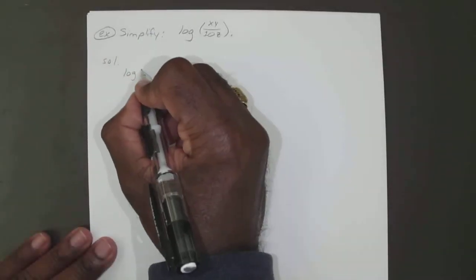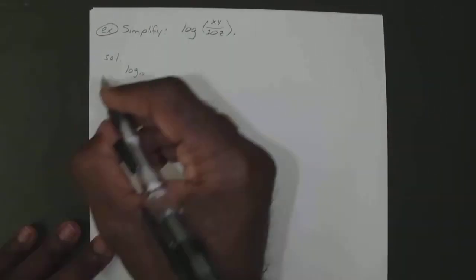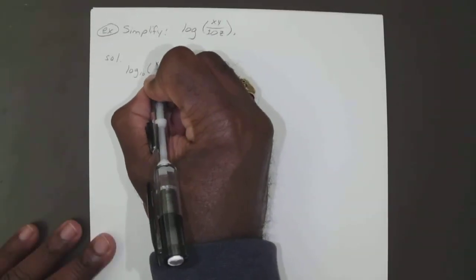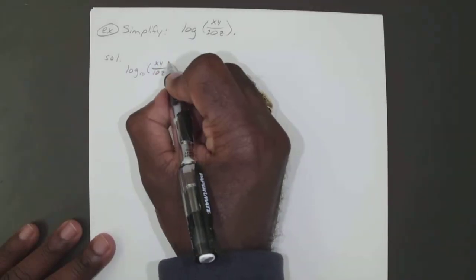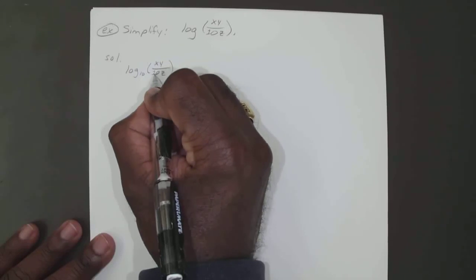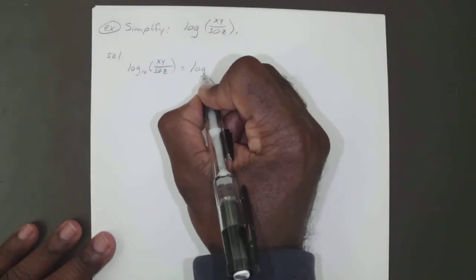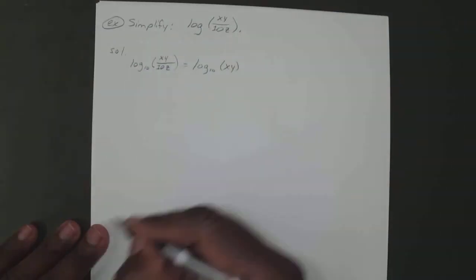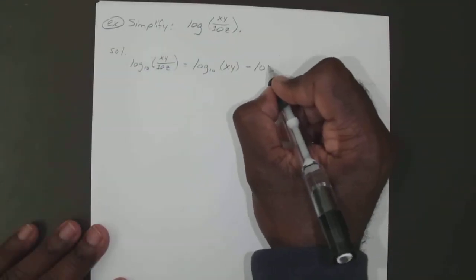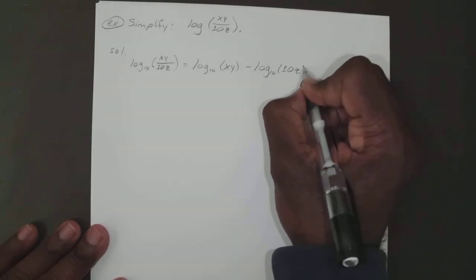So log, and there's no base, so we might as well go ahead and put log base 10 of xy over 10z. Make that 1. There we go. Is equal to log base 10 of x times y minus log base 10 of 10 times z.